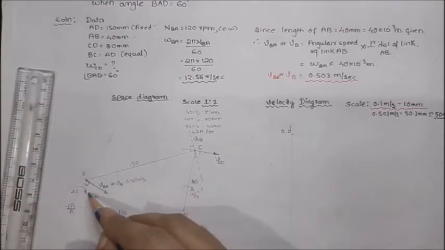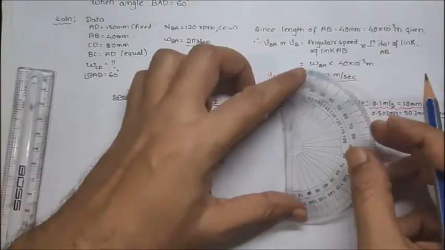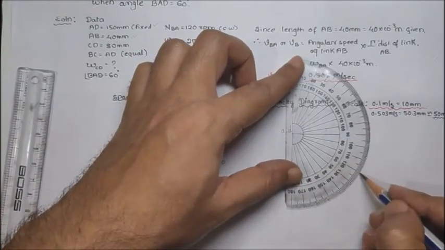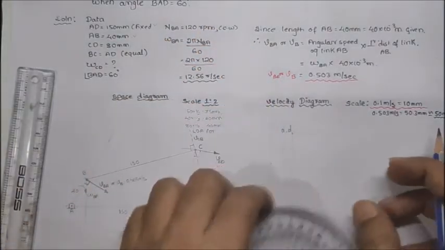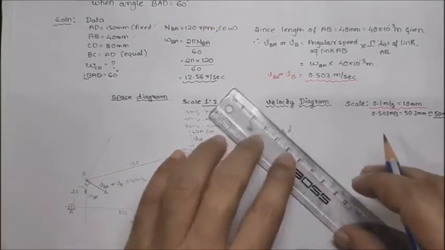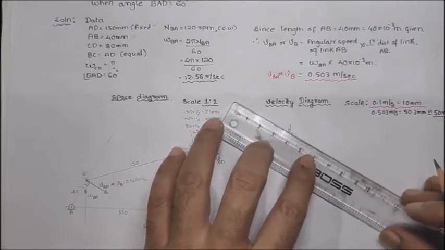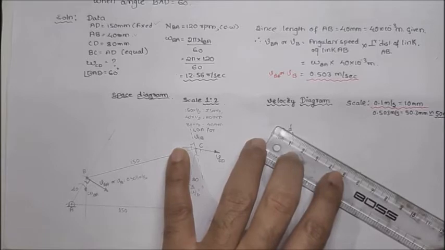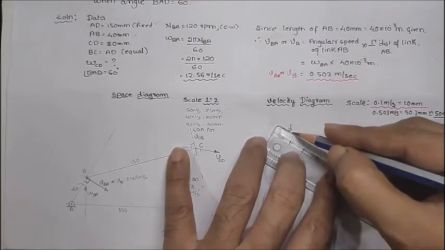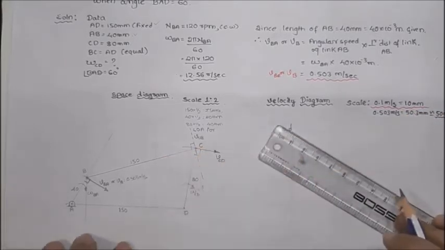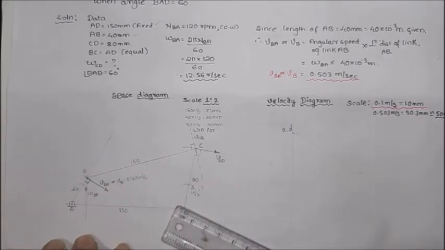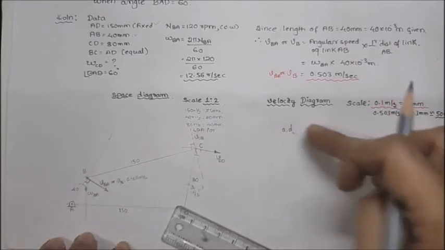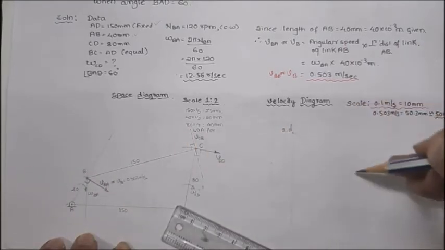So I'll measure this from here, get the angle equal to 60 degree, and from there I'm going to draw a line which is passing through the point. This line is parallel to this line. Then what is the direction? The direction is downward.